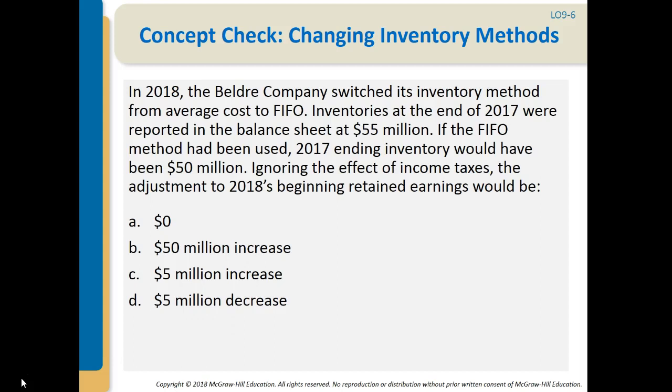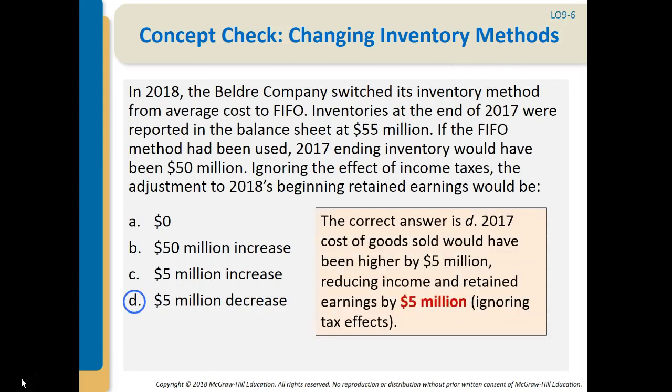Ignoring the effect of income taxes, the adjustment to 2018's beginning retained earnings would be A, 0, B, a $50 million increase, C, a $5 million increase, or D, a $5 million decrease.